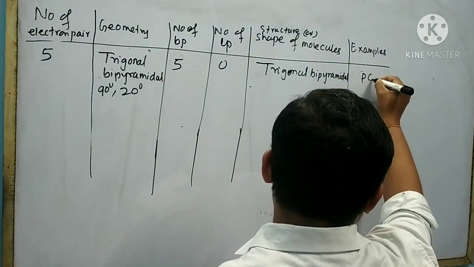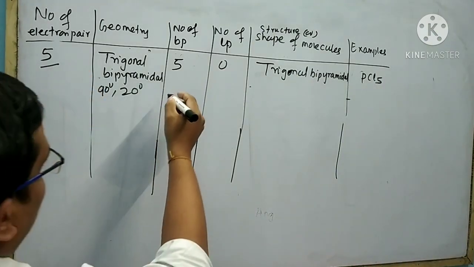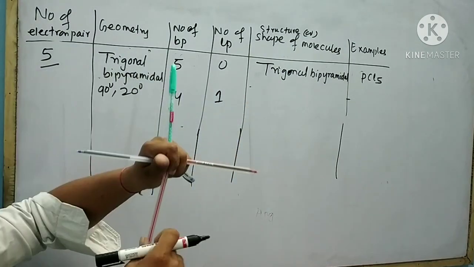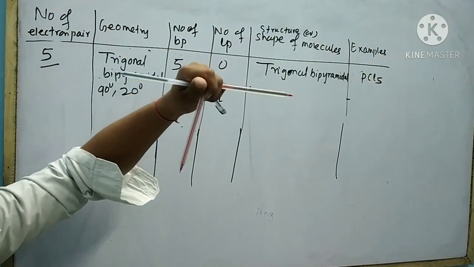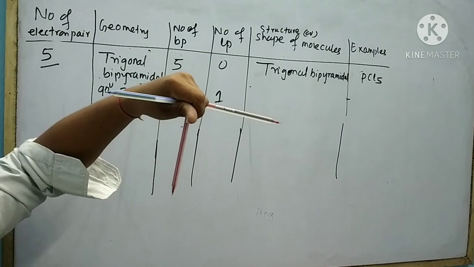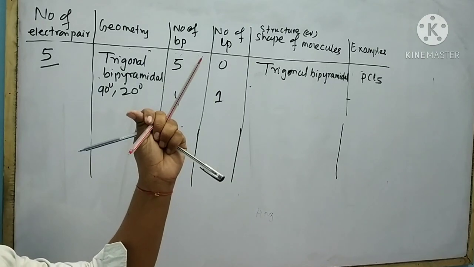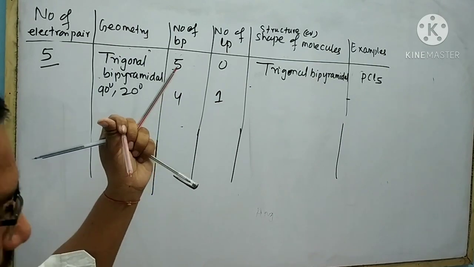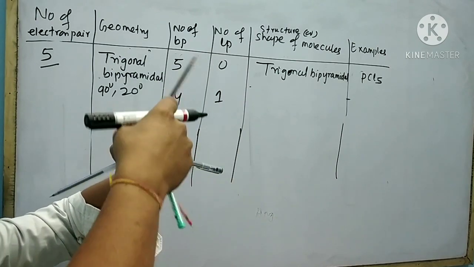The example is PCl5. Suppose among the 5 electron pairs, 4 electron pairs are bond pairs and 1 is your lone pair. Suppose this is your lone pair, then the bond pairs are present like this. We know that this is your tetrahedral, but the bond pairs are present like this. This is one type of tetrahedral, but the tetrahedral is not regular, so it is said to be irregular tetrahedral. Regular tetrahedral means this is your regular tetrahedral.